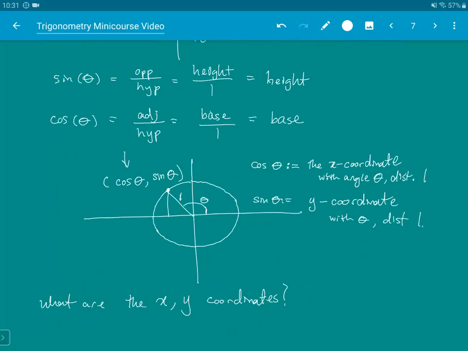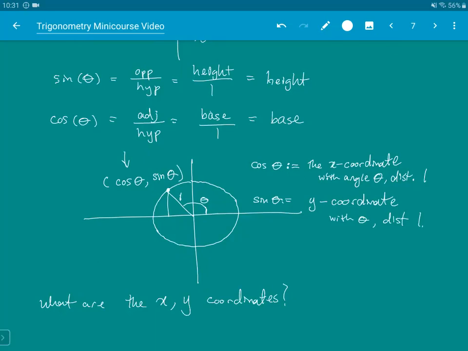Now already you can start to see why this might be useful, because this gives us 2 different ways to describe a point. The typical way that you've been describing points is you give the x-coordinate and you give the y-coordinate. So for example, if I want to tell you how to get to a certain grocery store, I tell you to go 5 units to the right and then go 10 units up.